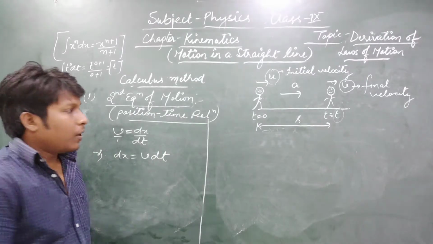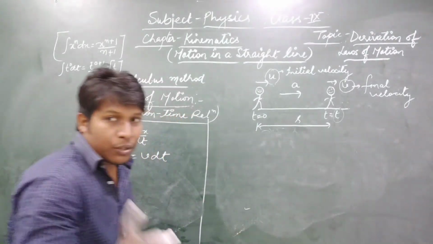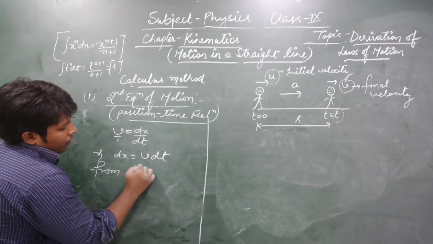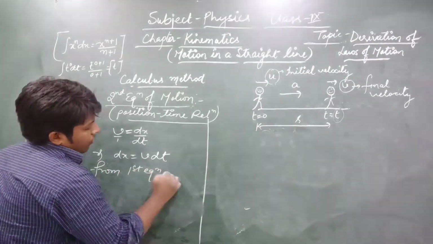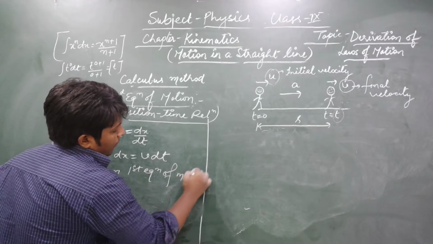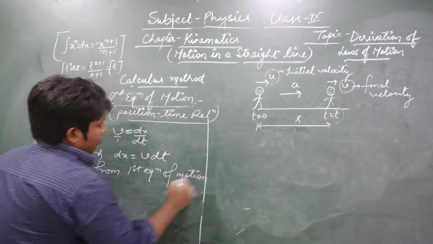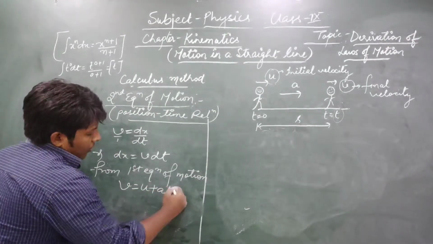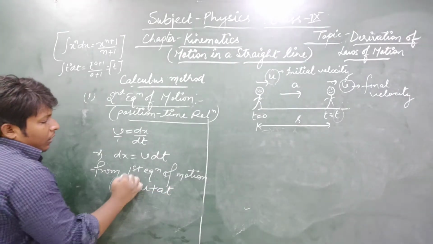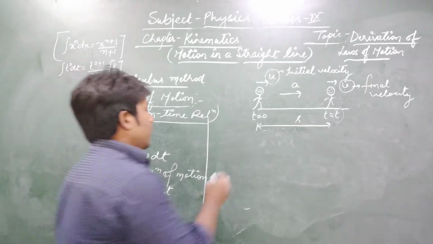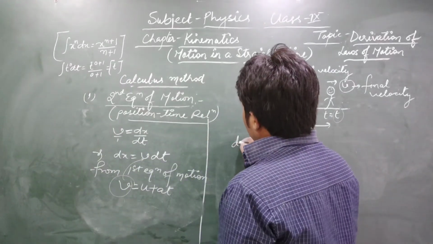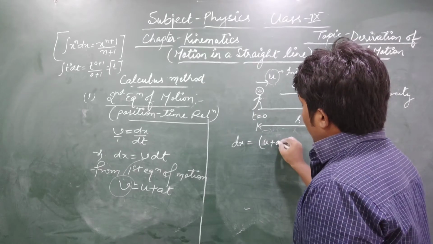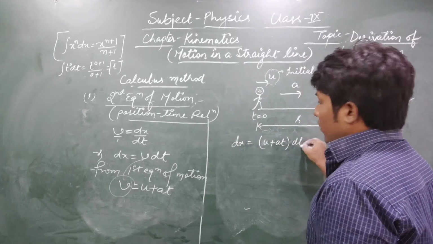Okay. We already discussed the first equation of motion. From the first equation of motion, v is equal to what? v is equal to u plus at. So put this value of v in this equation, so you will get dx is equal to (u plus at) into dt.